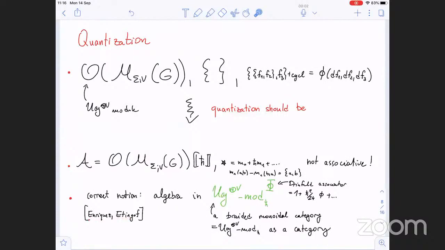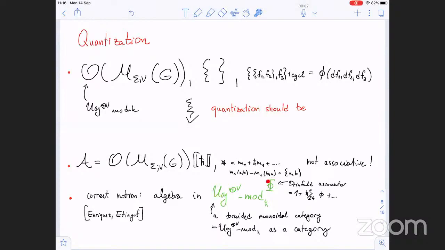The correct notion is an algebra in a slightly different category, and the category is this Drinfeld category. So you take modules for this UG power V, right? As a category, these are just modules for this universal enveloping algebra of G power V. But there is this little h bar, which just says that morphisms are power series in the usual morphisms of modules.